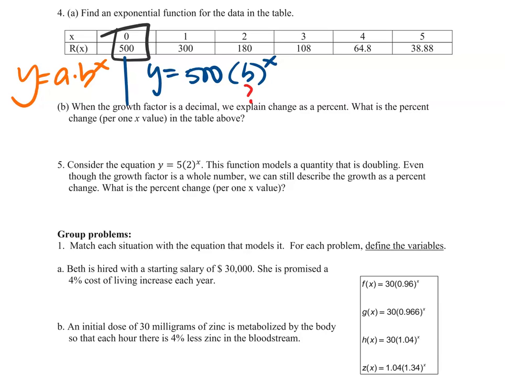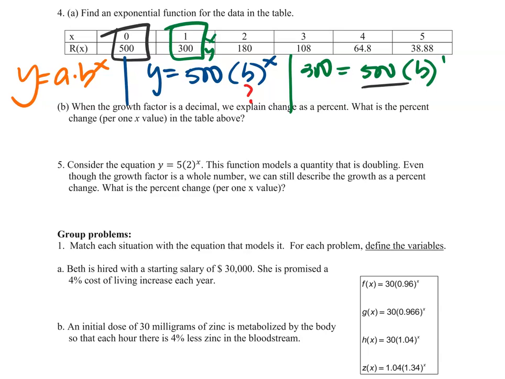To solve for b, we can plug in, let's say this is your x and this is your y, to our equation. So y is 300 is equal to 500 times b raised to your x is 1. Now we can solve for b.